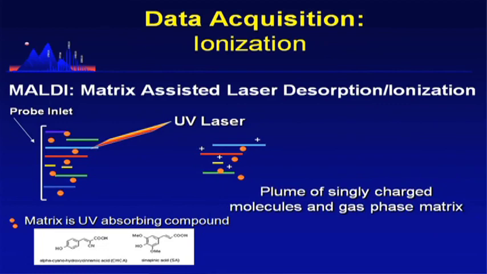Then you get a proton transfer in the gas phase from the excited matrix ions to your sample molecules. And so what you end up with are gas phase, singly charged sample molecules, as well as matrix molecules. And these will all go into the mass spec at one time.